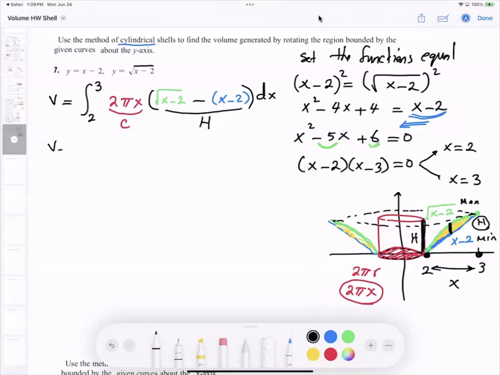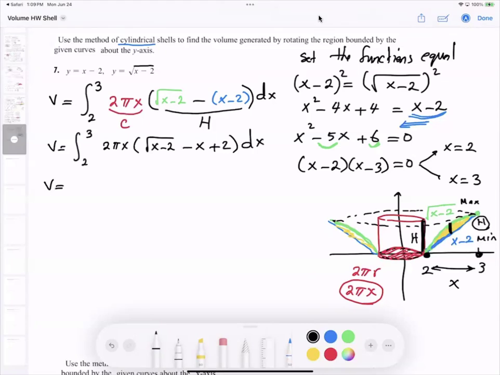The volume is equal to the definite integral from 2 to 3 of 2 pi x times the square root of x minus 2, minus x plus 2, dx. Perfect.